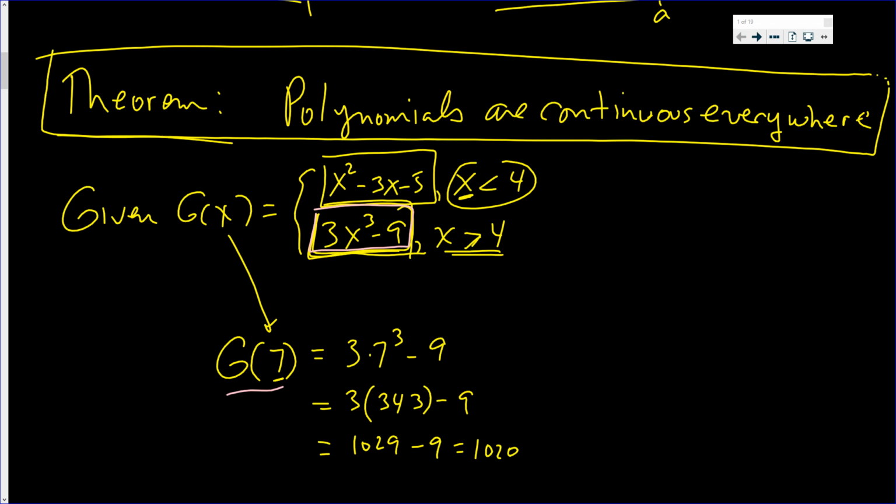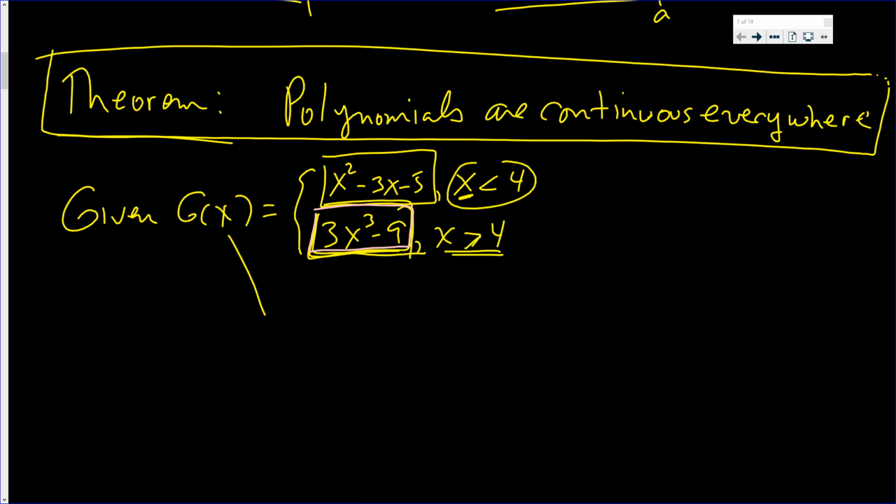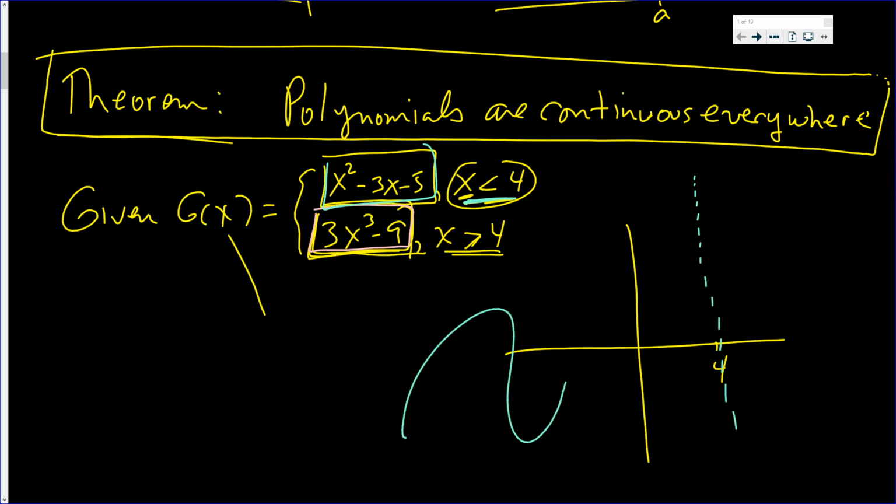Now, this theorem on top is very important, because if here's 4, it says if x is less than 4, I'm a polynomial. So here's this brick wall at 4. I'm just a polynomial before 4. I'll put an open circle there. And I'm another polynomial when I'm bigger than 4.